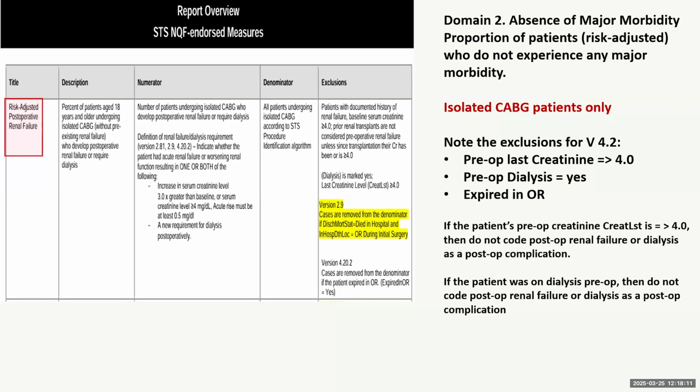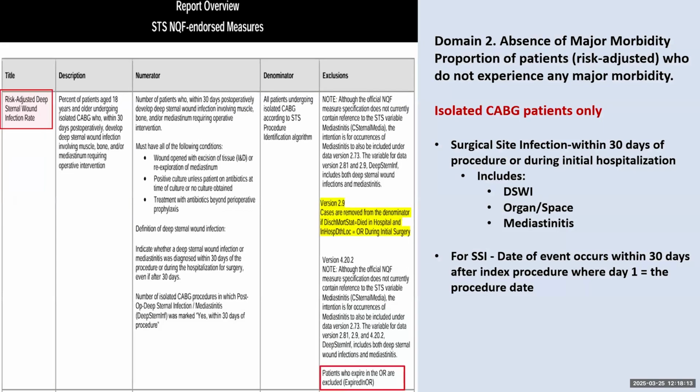As we move through the next absence of morbidity, inclusion is risk-adjusted deep sternal wound infection rate. Now, again, this is just for isolated CAB patients. We're looking for deep sternal wound, organ space, or mediastinitis in this particular measure.